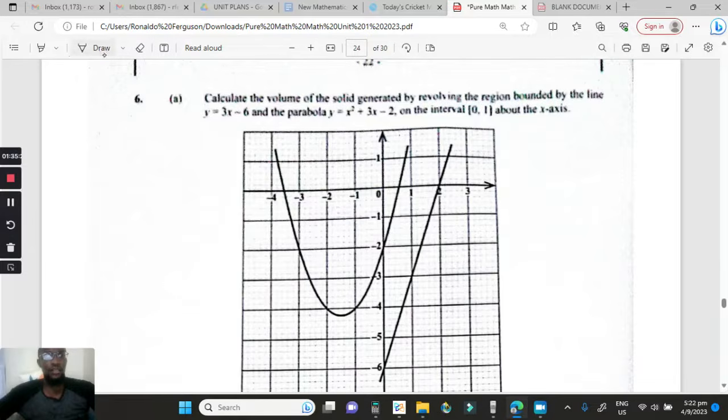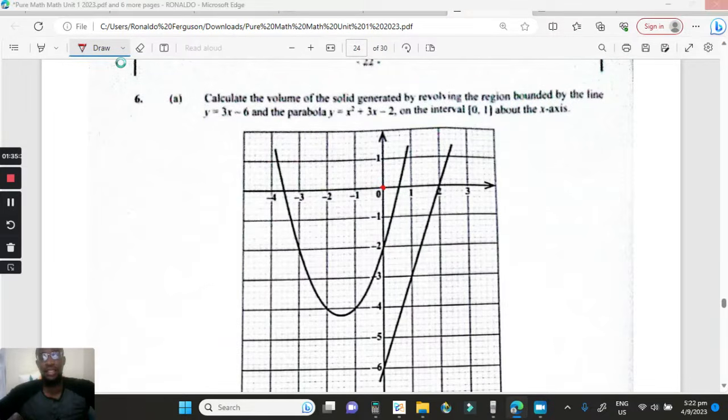So calculate the volume bounded by the region between 0 and 1. So this is what we're looking at, the volume between this region right here.